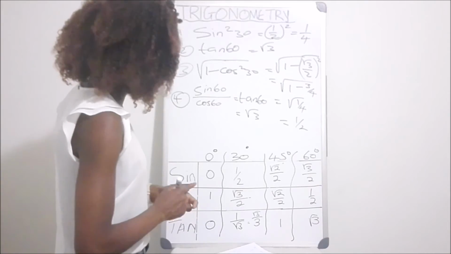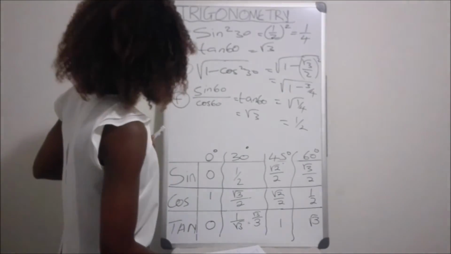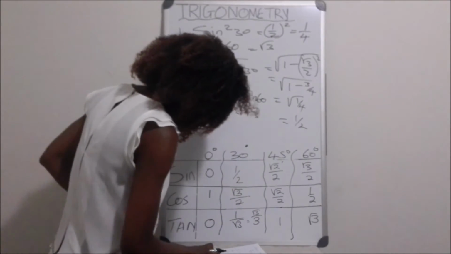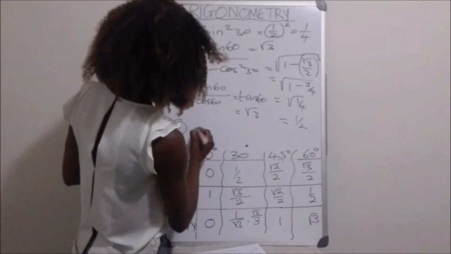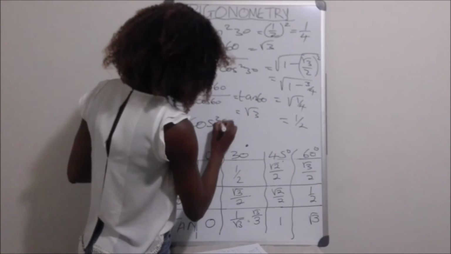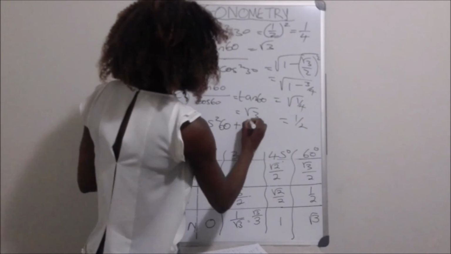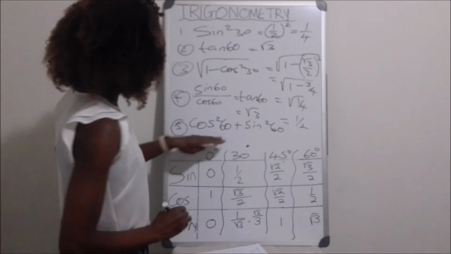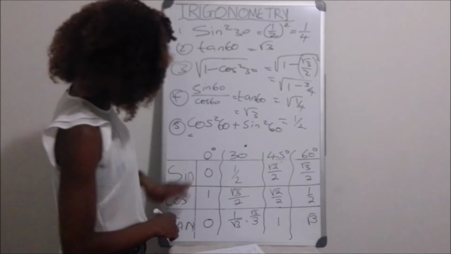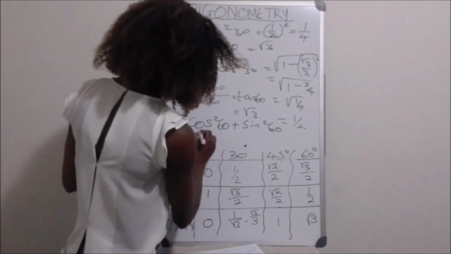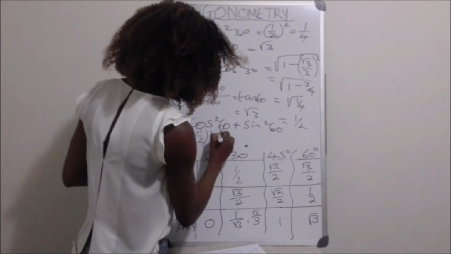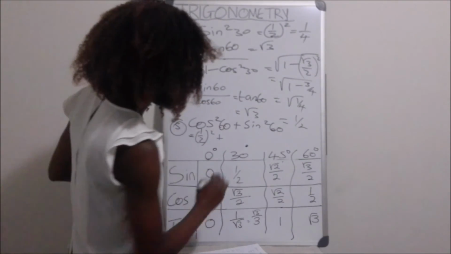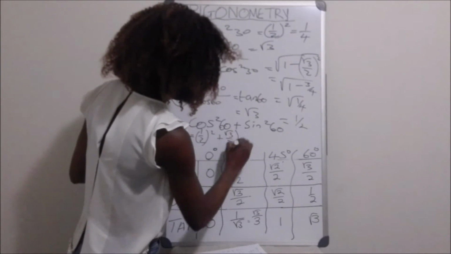All right, let me do the last example, which is cos squared 60 plus sine squared 60. From here, we know that cos 60 is equal to 1 over 2, so this will be 1 over 2 squared, plus sine 60, which is root 3 over 2, squared.